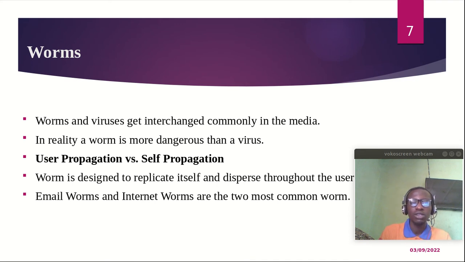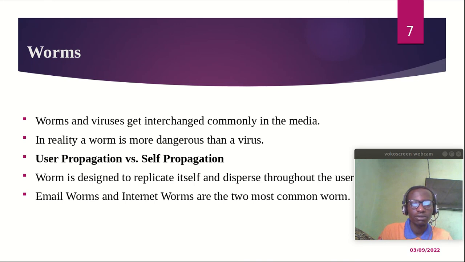So as you see, I separate these two differently. We have user propagation and we have self propagation. I want to give you some time to think about them. Between user propagation and self propagation, which one do you think virus is, and which one do you think worms is?